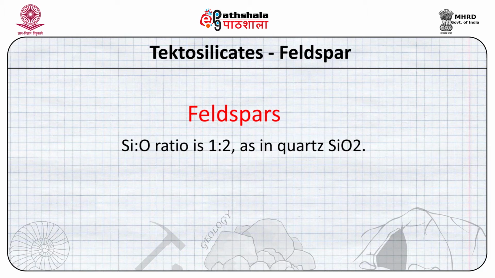Now, in this structure, if there is a tetrahedra structure in which the silicon to oxygen ratio is 1:2 and there is no replacement of silicon, then the chemical formula of the mineral will be SiO2, which is what is represented by a common mineral, that is quartz.